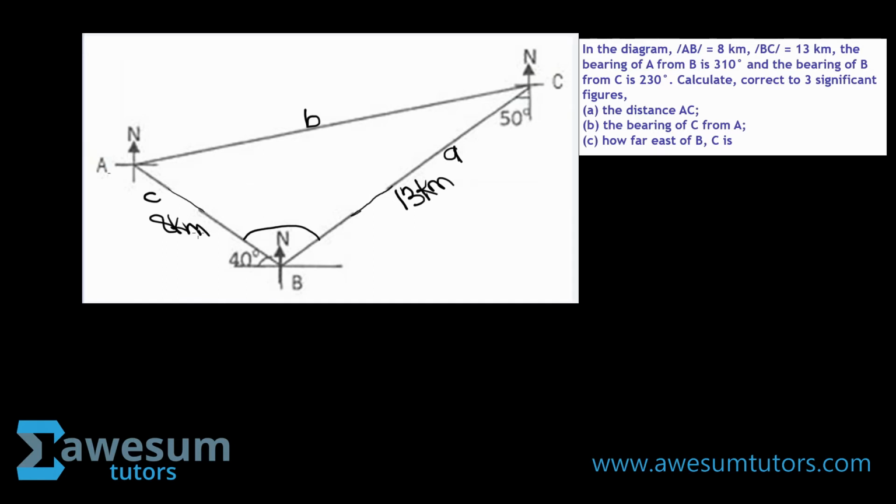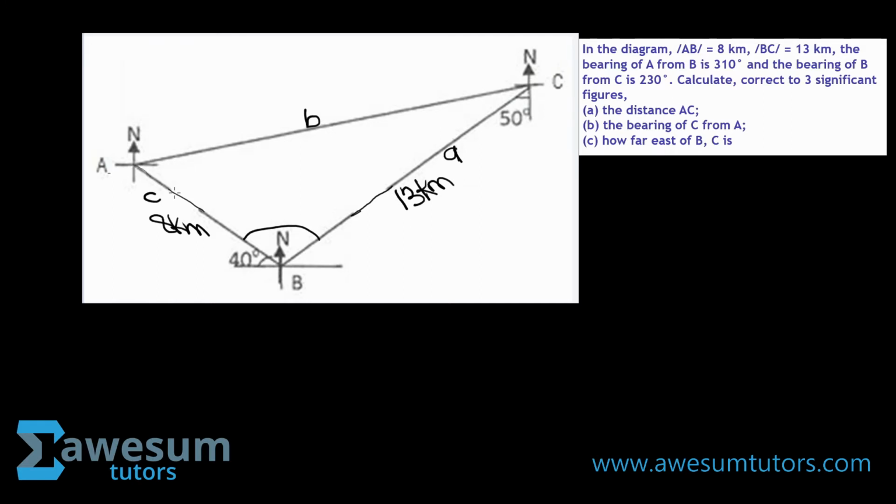Now the question says that the bearing of A from B is 310 degrees. One thing you always want to look at, if you are talking about the bearing of something from another point, is the line that connects them together.